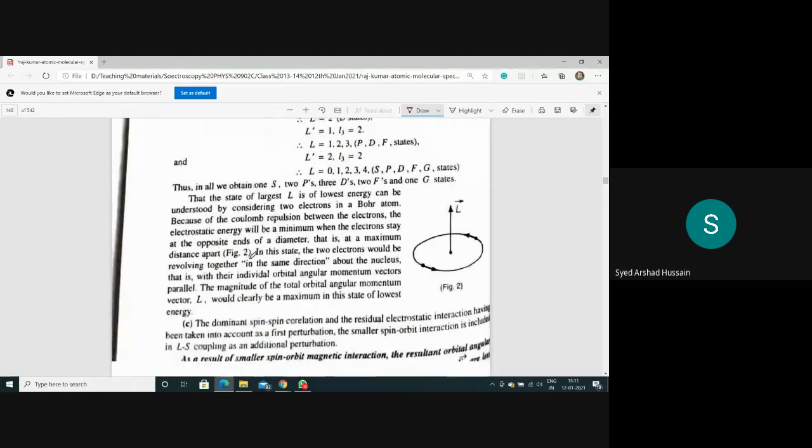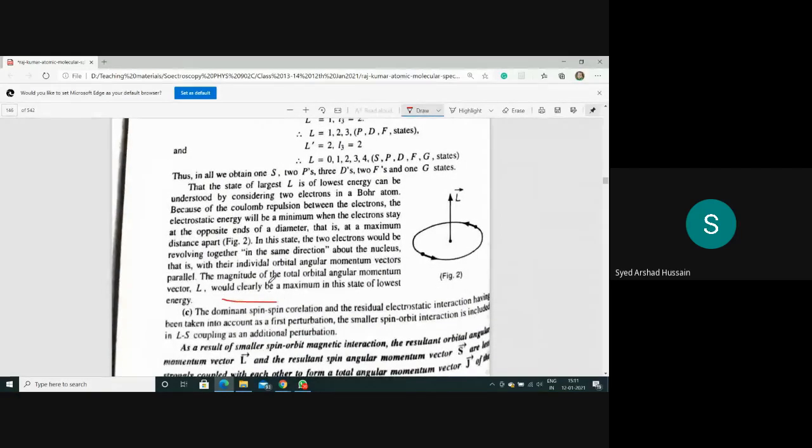This can be explained with one example. Say, consider an atom with circular orbits having 2 electrons. In that case, the electrons will repel each other because they are charged particles. So it will be a stable system when these 2 electrons are at the opposite ends of the diameter, that is, the distance is maximum.